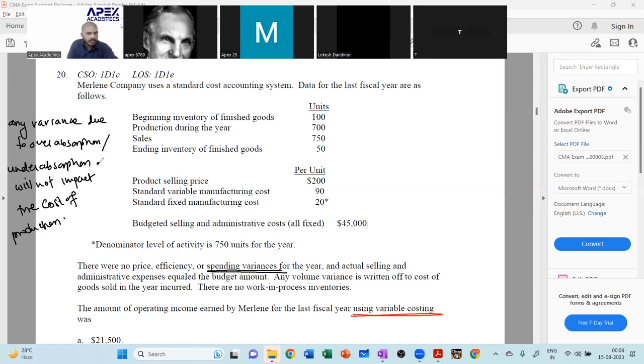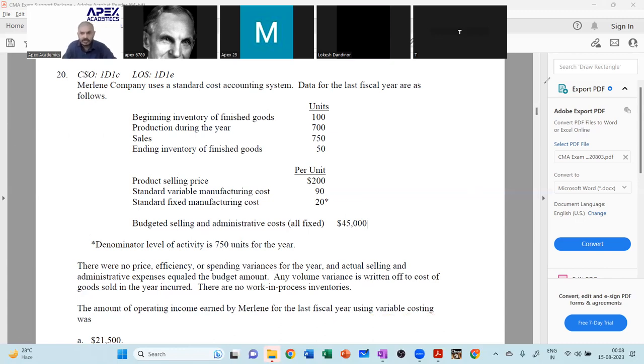Why? Because we are using variable cost basis.